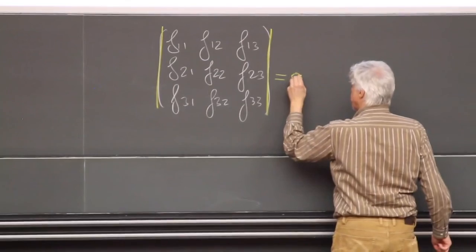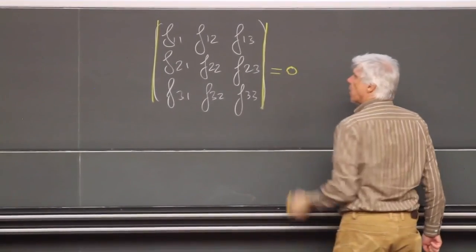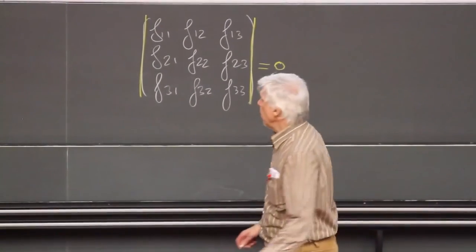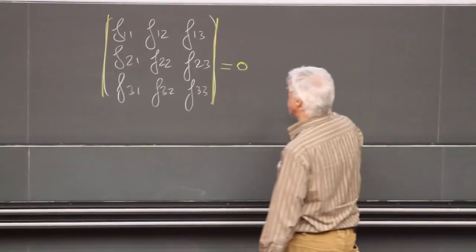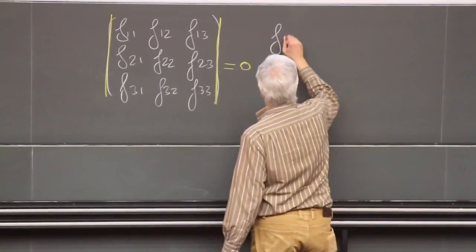What kind of an equation is this in the elements of F? Well, if you look at the expression for the determinant, it gets us to something like this.